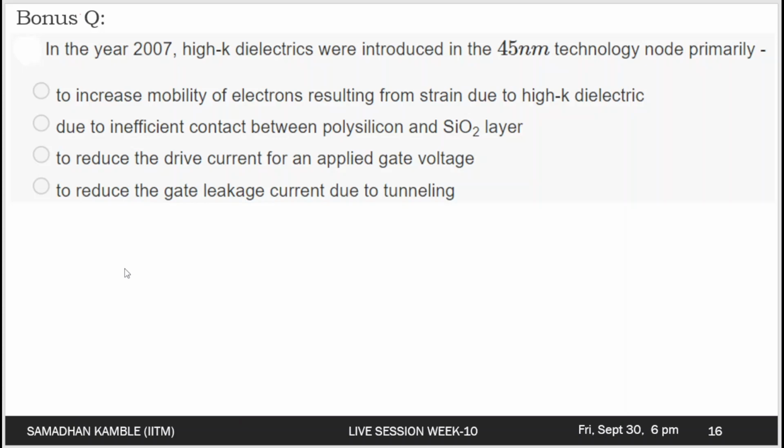We saw that reducing the oxide thickness, T-ox reduction, was a trend so that we could get better capacitance, since Cox is inversely proportional to T-ox. But there is a physical limit to it because of a phenomenon called quantum tunneling. As we reduce the thickness further, quantum tunneling would occur and leakage of the charge carriers would take place, and that is not at all desirable.